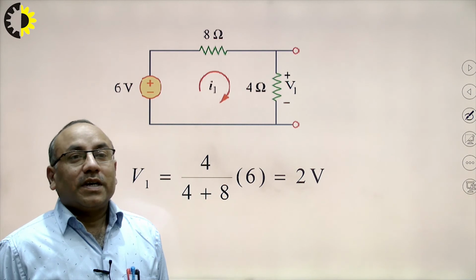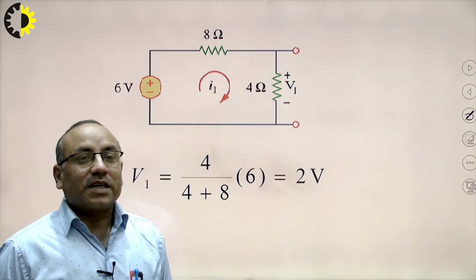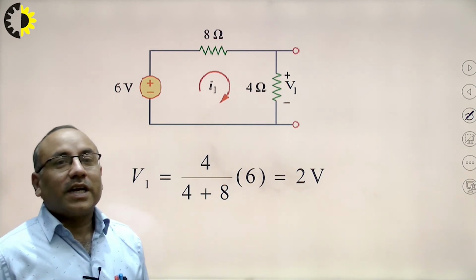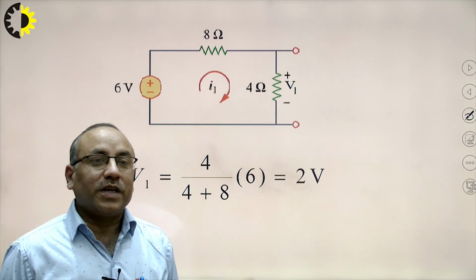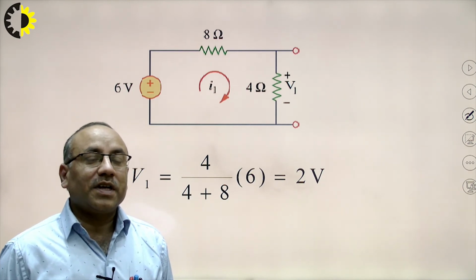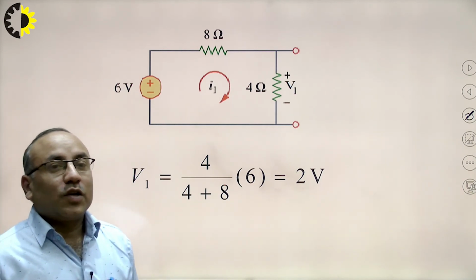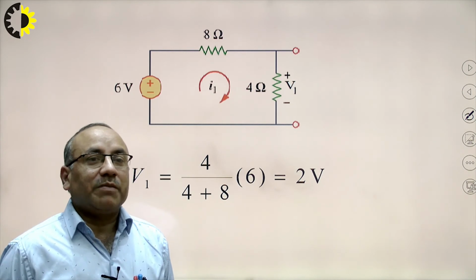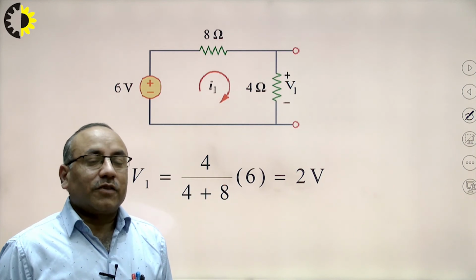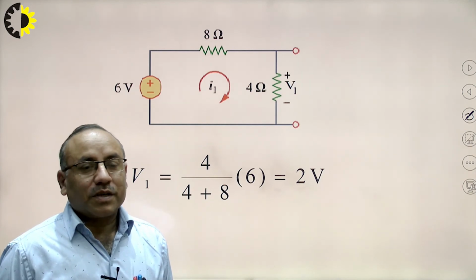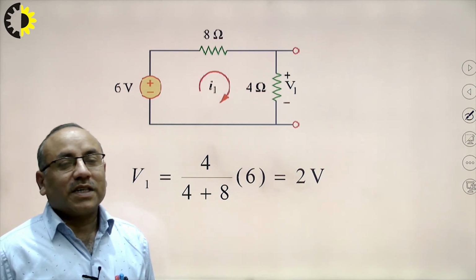That time the 8 ohm resistance and 4 ohm resistance are connected in series across the 6 volt voltage source, and suppose the voltage across the 4 ohm resistance is V1 with the polarities shown in the circuit diagram. Suppose I1 is the current passing in this loop, so I1 will become 6 upon 8 plus 4, that becomes 6 upon 12 or 1 by 2 ampere, and so the voltage across the 4 ohm resistance will become 4 into 1 by 2, or 4 into 6 upon 4 plus 8, and this comes out to be 2 volt with the polarities shown in the diagram.